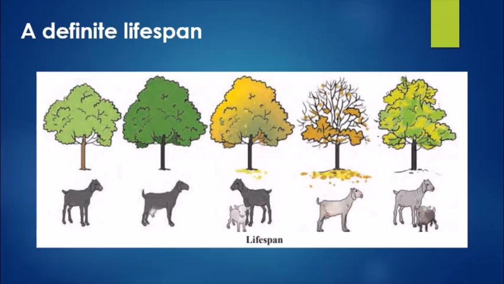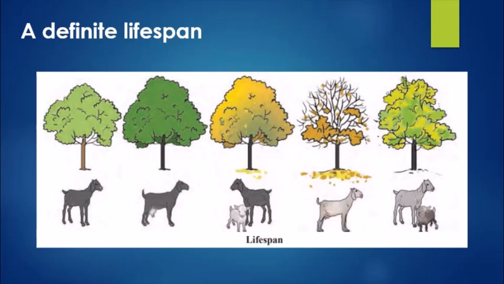Every plant and animal has a different lifespan. For example, a dog survives from 12 to 18 years. Ostrich survives for 50 years. A giant turtle survives for 170 years. So the lifespan depends on organism to organism.